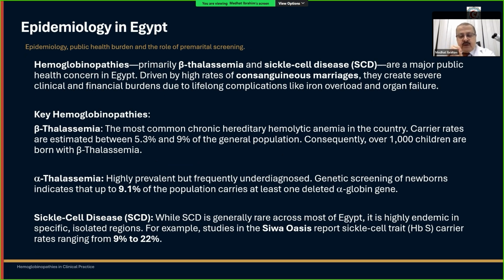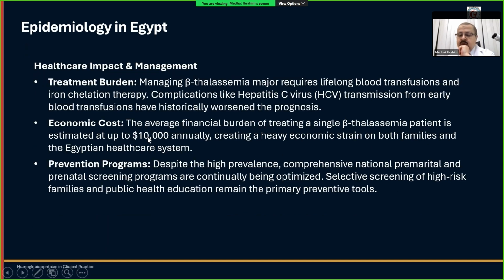Actually, this is very important, not only financially, but also on the effect on the lifestyle and life wellness of the patients. And I just want to show you that every single patient costs annually around $10,000 per year, and also there was a newly discovered treatment for sickle cell disease, and the cost of it was $250,000 per month.